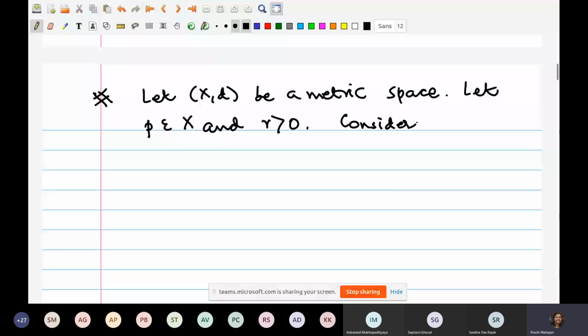I am going to write B(p, r). By definition, this is all points in the set X which are at a distance at most r from p.